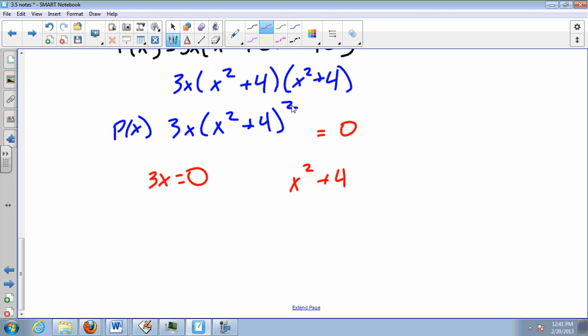We're not going to take the higher power, the square, because it's not going to do anything, and we're going to state its multiplicity in our answer. So for 3x equals 0, we get x equals 0. For x squared plus 4, x squared equals negative 4. Square root both sides, and we are getting a complex number.